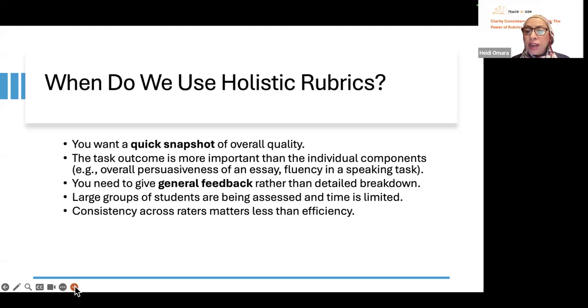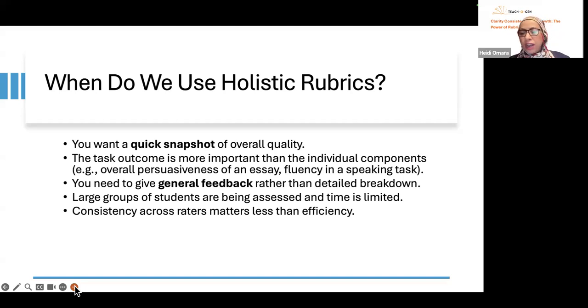Consistency across raters matters less than efficiency. So I am a rater, an examiner, a person who looks at the examinations, and I use rubrics to assess those students. My colleague sitting next to me is doing the same thing, and the colleague next to me is doing the same thing. If the consistency doesn't matter, then go for a holistic rubric.